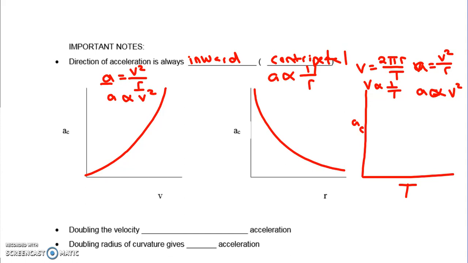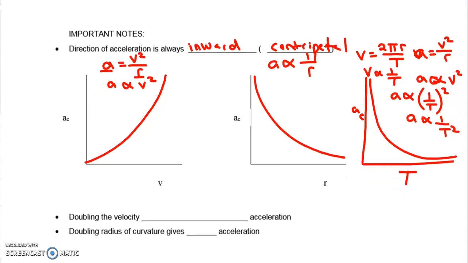So basically what I'm doing to get how A and T are related, I'm plugging in 1 over T squared. I'm replacing the 1 over the period for my V. So I get A is proportional to 1 over T squared. If you type this into your calculator, it's what we call an inverse squared relationship. It still looks like an inverse, just a little steeper.